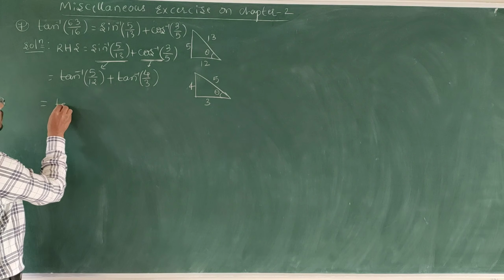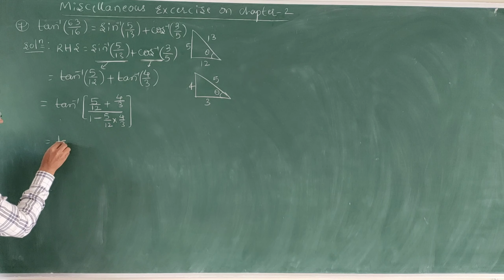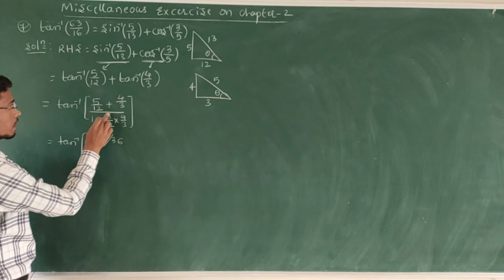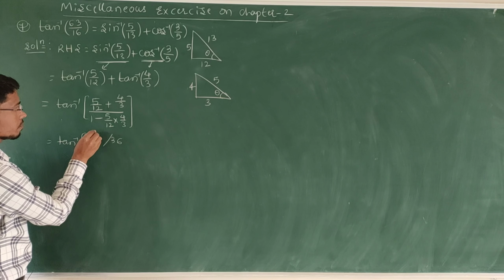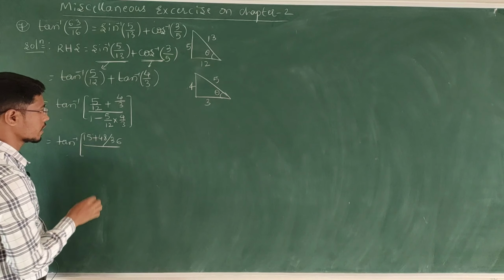Tan inverse of x plus tan inverse of y equals tan inverse of (x plus y) divided by (1 minus x into y). See, 12 into 3 is 36, which is the LCM. 3 into 5 is 15, 12 into 4 is 48.